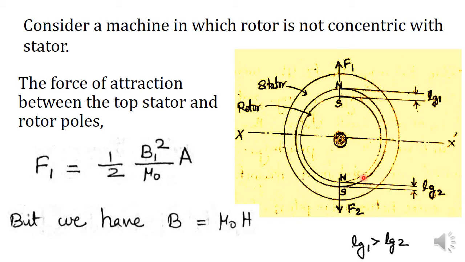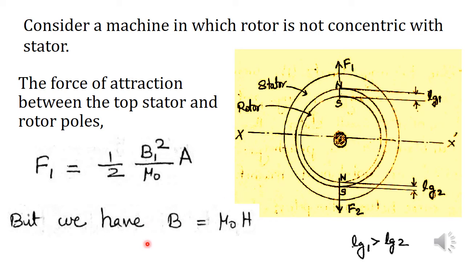So the air gap on the top portion is more as compared to the bottom portion. So that means Lg1 is greater than Lg2. And here we have written the equation for the force of attraction between the top stator and top rotor poles.